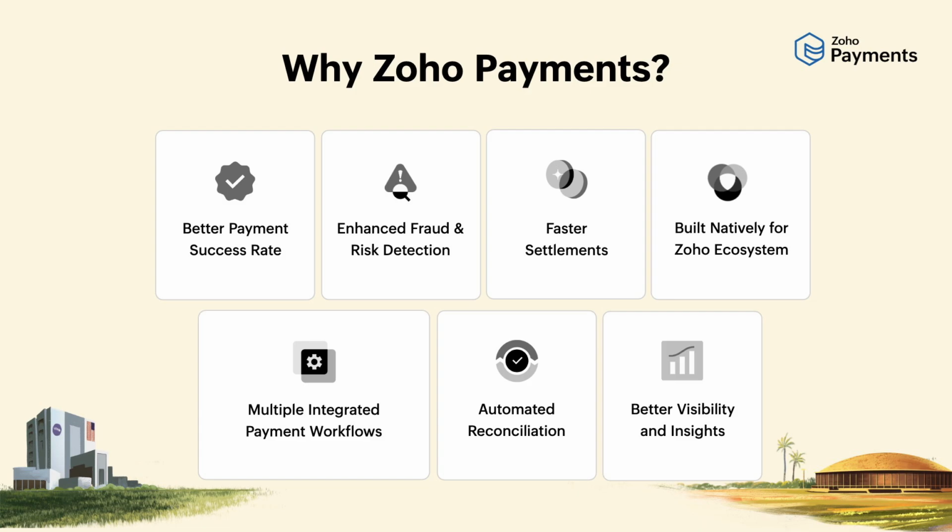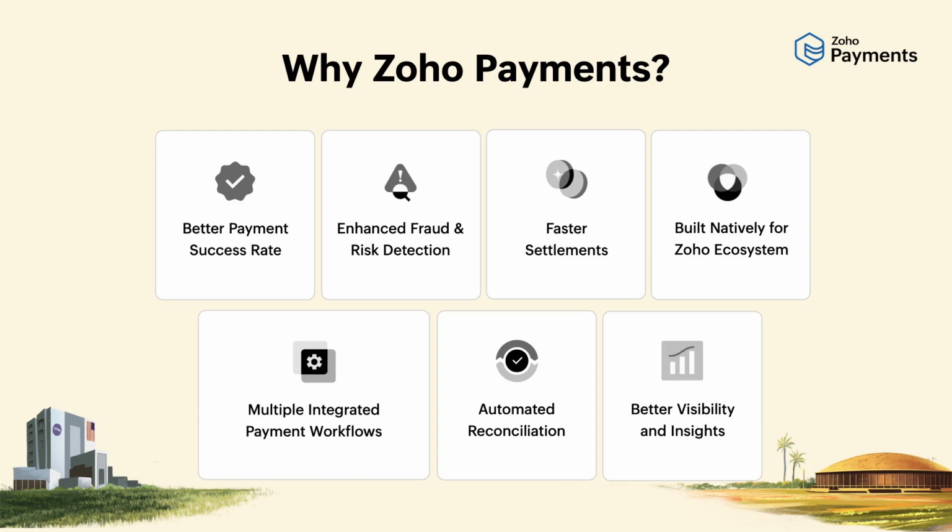So like this, there are better reasons as to why somebody would want to use Zoho Payments. When it comes to fraud and risk detection, we've got a whole system that's working at the back end. You might not see it in the front, but a lot of things are going on in the back end to make sure we mitigate the risk of fraud. If there is any sort of fraudulent transaction that comes through, we automatically block the transactions, to make sure that does not happen.